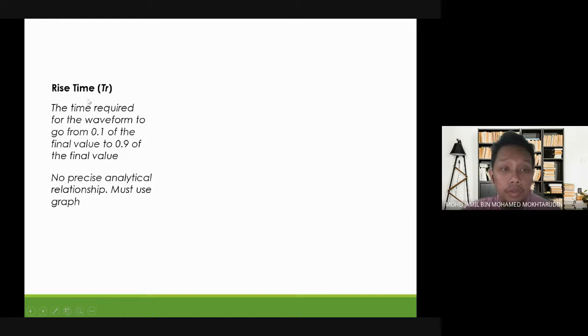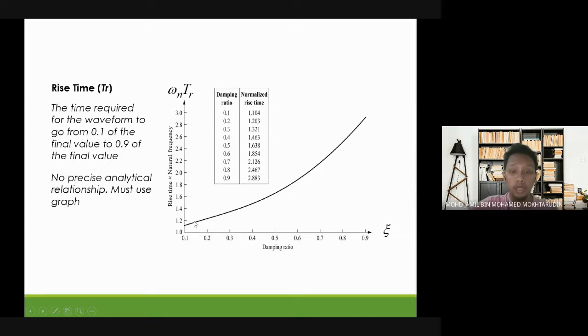Compared to rise time in first order system, where we have an equation given or derived, for second order system there is no precise analytical relationship, so you must use graph. This is an example of graph of natural frequency times rise time against damping ratio. So there's a plot given, and you can populate the table.